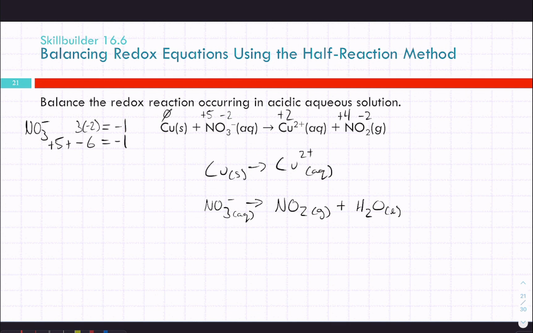But that, of course, has changed the balance of hydrogen, because we didn't have any before. This is why you balance oxygen before you balance hydrogen, because now we can add H plus to balance those hydrogens. So we're going to add 2 H plus.